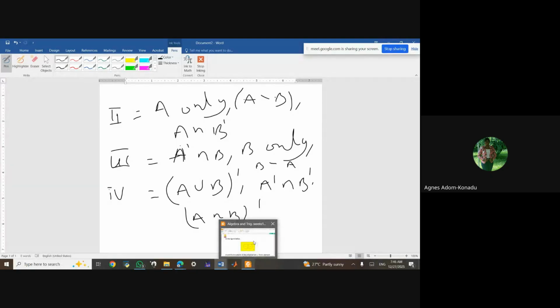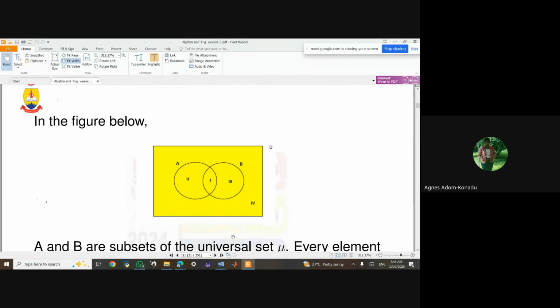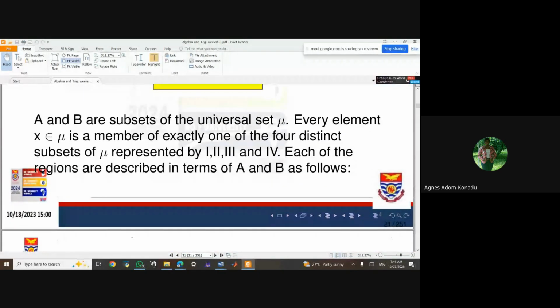Let's see what I have here. I wish we can analyze it, but let's see. Let A and B be subsets of the universal set mu, U. Every element X in U is a member of exactly one of the four distinct subsets of U represented by I, II, III and IV.